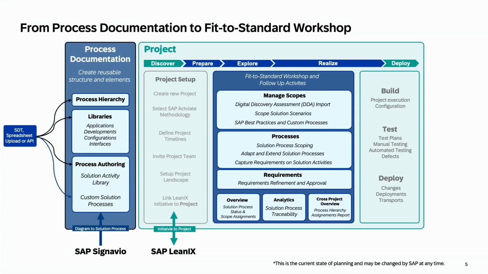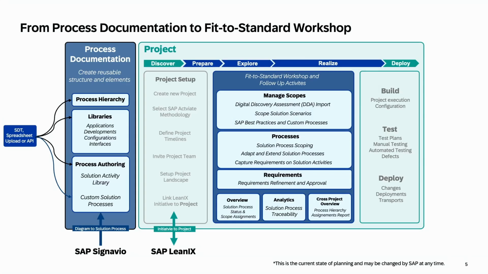And then we come to the specific solution process scoping, like standard process content from the SAP best practices or the custom process content, which we have created in the beginning in the process documentation. And then we capture the requirements directly in the tool on the level of the solution process flow diagram, the diagram level, and also the solution activities on the process step level.